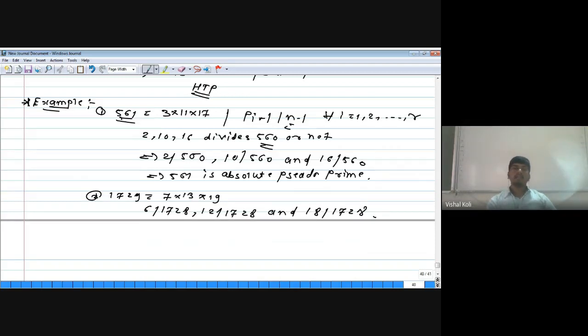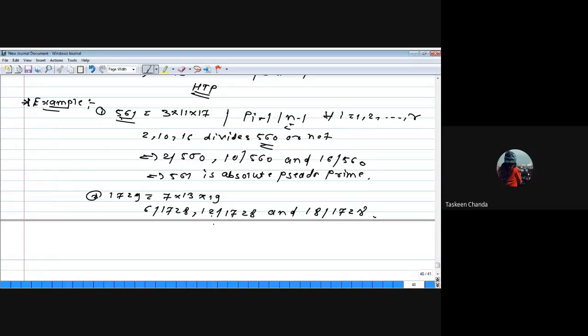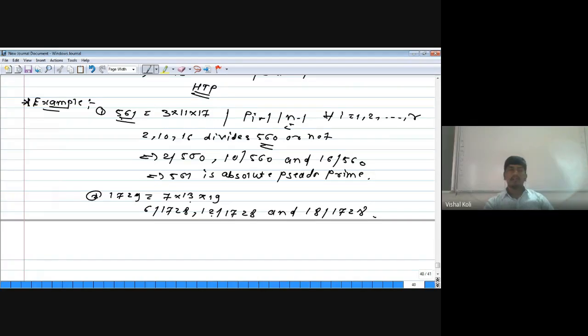Check whether 1728 is divisible by 6. Yes. What about 12? Yes. All three numbers, 6, 12 and 18, divide 1728, which implies 1729 is an absolute pseudoprime.